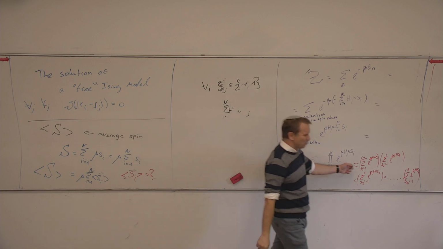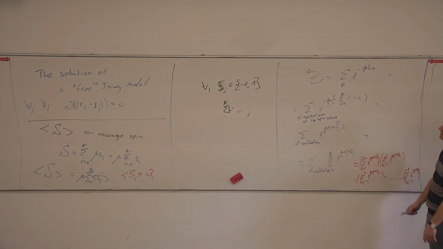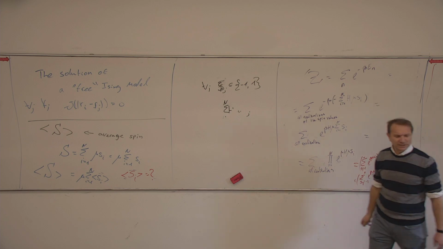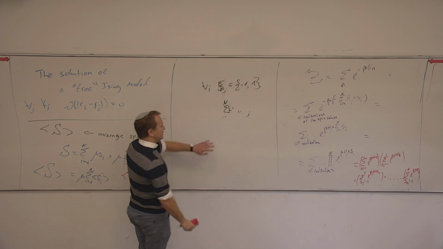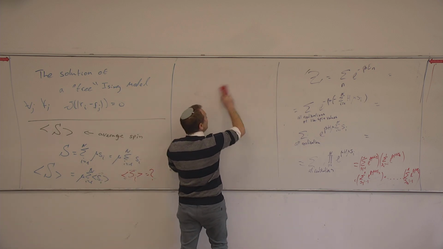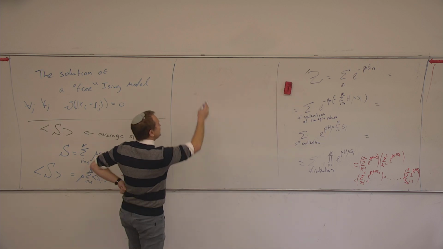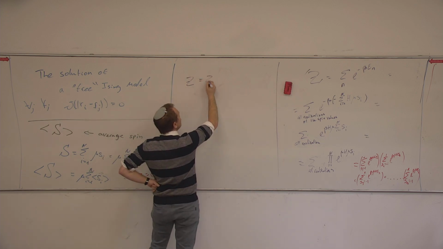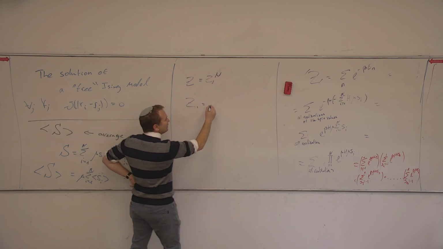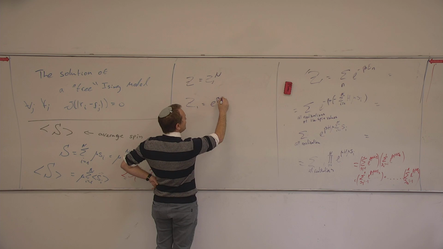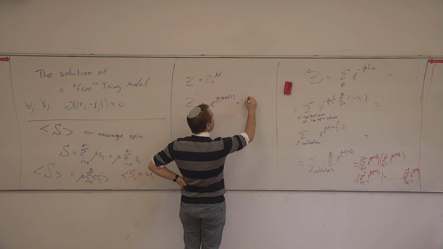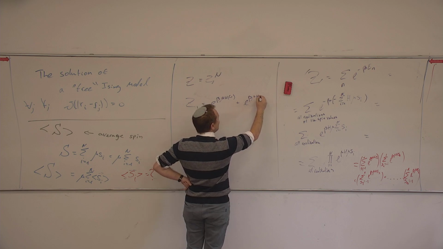This factorization is what all of statistical mechanics of canonical and grand canonical representation is built on. You know how to factorize. You have these interactions, they're gone. Great. So what we see is that Z equals Z1 to the power n, where Z1 is e to the power beta mu h times minus 1 plus e to the power beta mu h times 1.